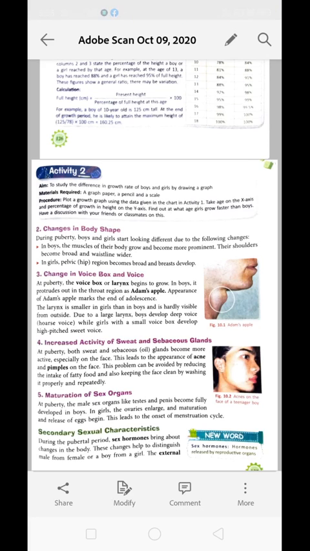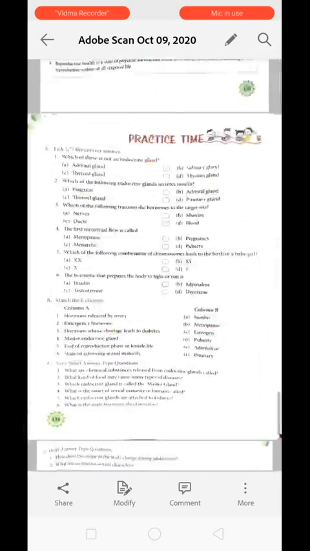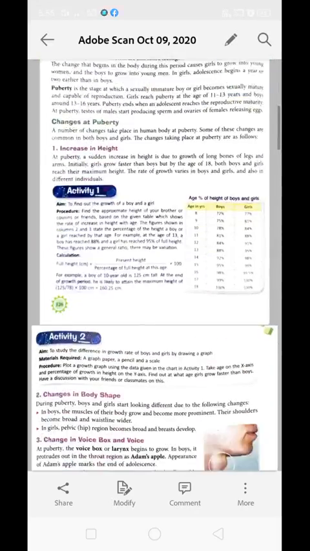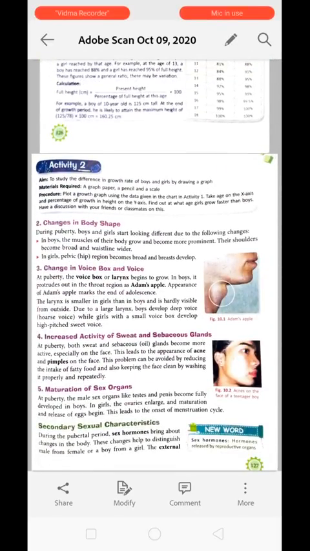You will write about both boys and girls. In boys, the muscles of the body grow and become more prominent. Their shoulders become broad and the waistline is wide, whereas in girls the pelvic region becomes broad and breasts develop.